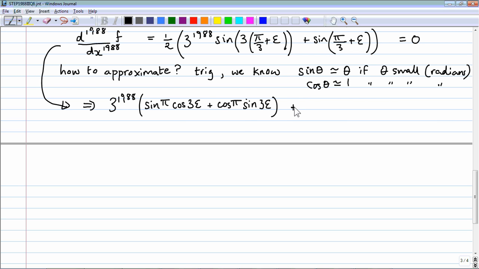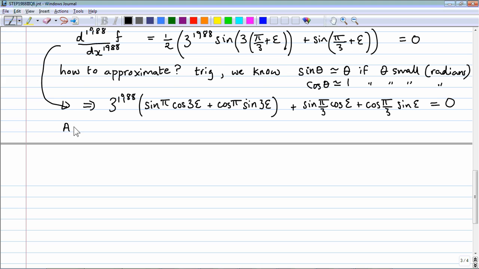Then I've got plus sine of pi over 3 plus epsilon, that's sine pi over 3 cos epsilon plus cos pi over 3 sine epsilon, is all equal to 0. Okay, now at this point we need to use the approximations, yeah?